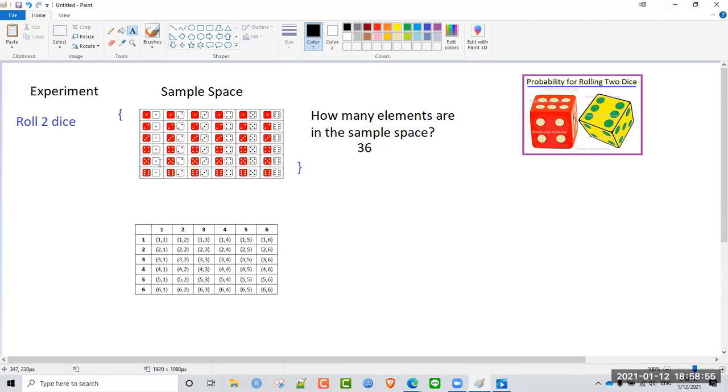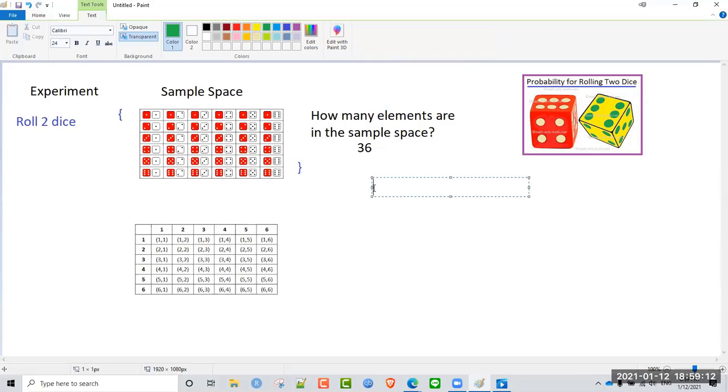Okay, now let's do a probability problem, just like we did some before. We did a bunch of questions already. Let's do one now. I'll start out with this question. What is the probability of getting a sum of 3?